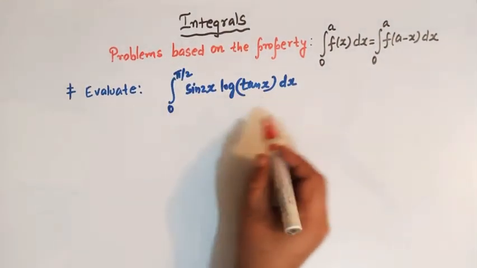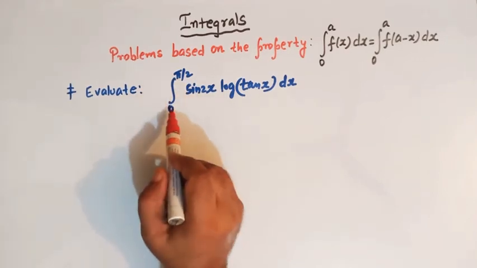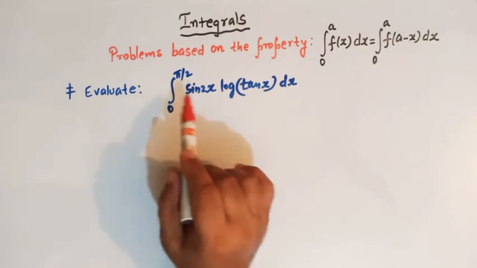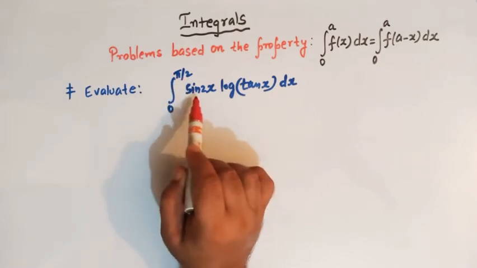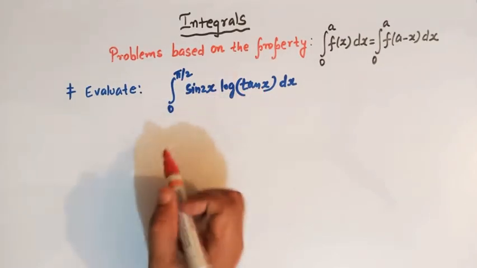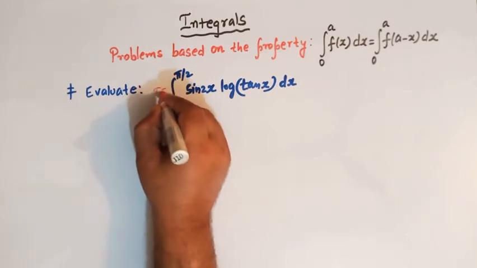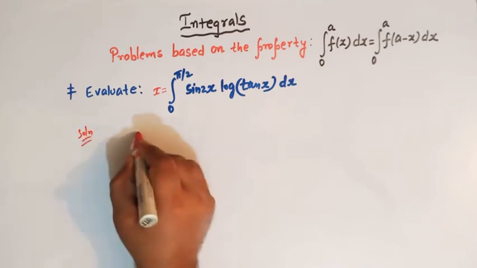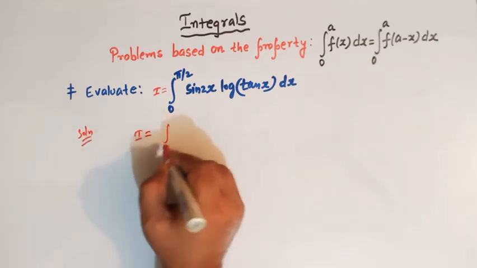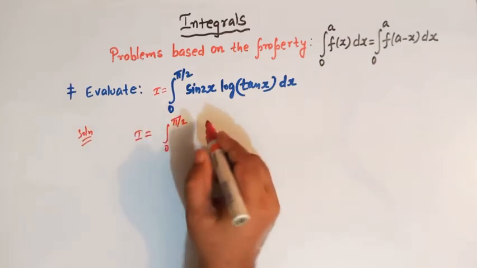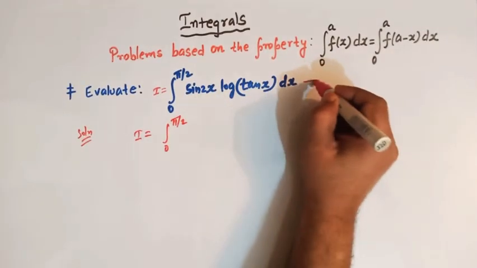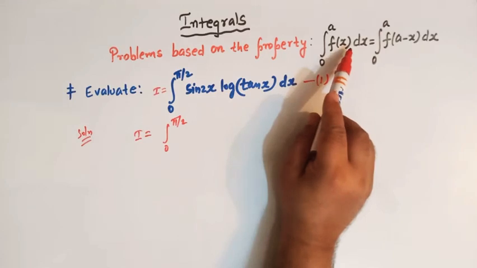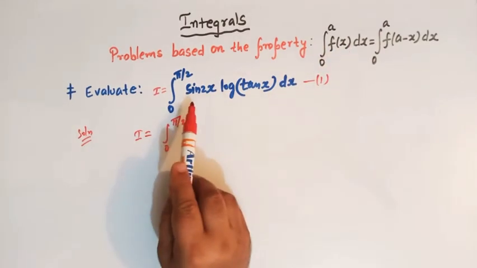Now let us take this problem. Here we have to integrate this definite integral, and this is from 0 to pi by 2 of sine 2x log tan x. So let us call this integral I, and we have I is equal to integral from 0 to pi by 2 of sine 2x log tan x dx, and say this is equation 1, and let us apply this property to this integral.